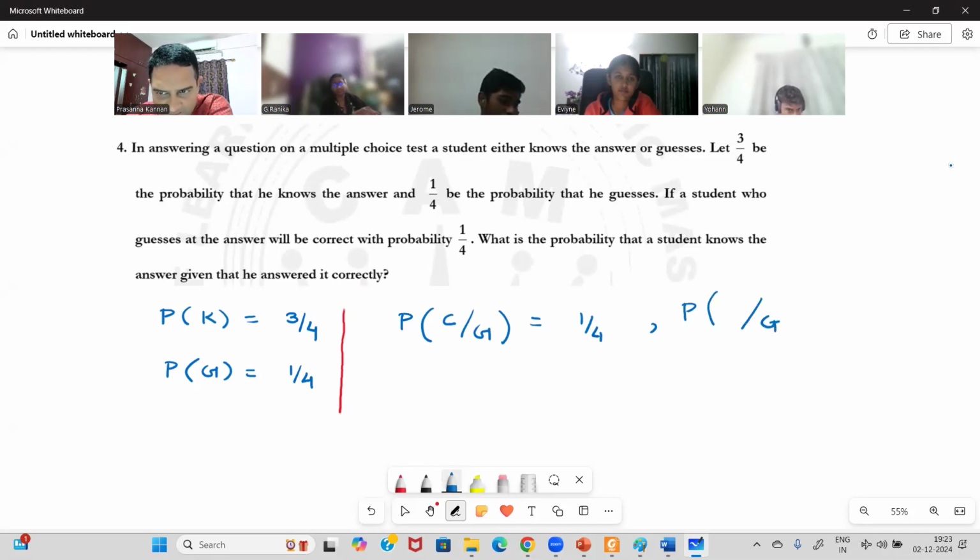If he is guessing the answer, what is the probability that it's not correct? 3 by 4. Correct or not? Yes, sir. You're guessing the answer, and for it to be correct, the probability is 1 by 4. For it to be not correct, it is 3 by 4.